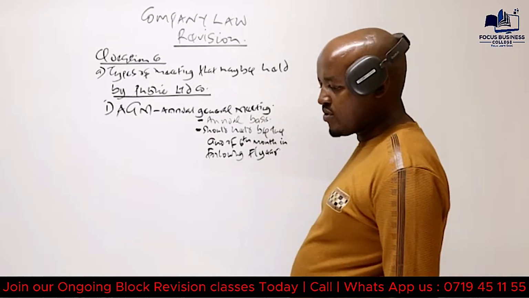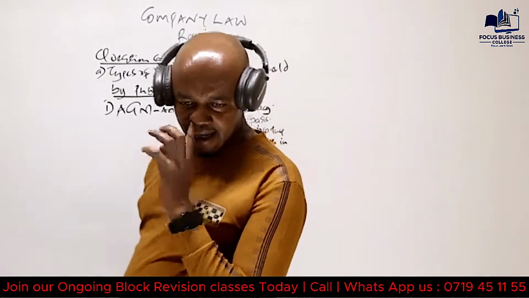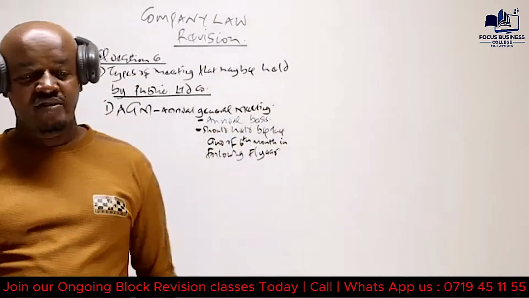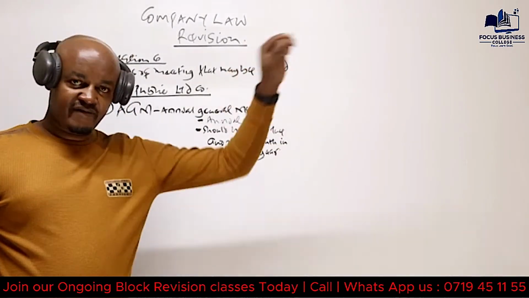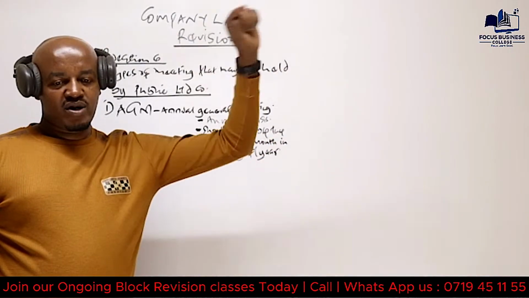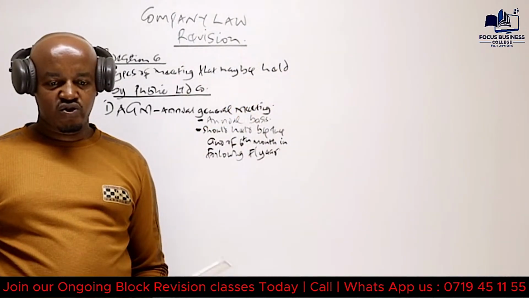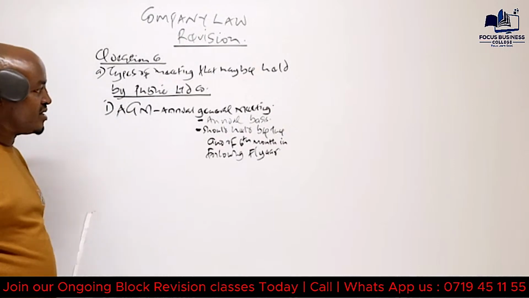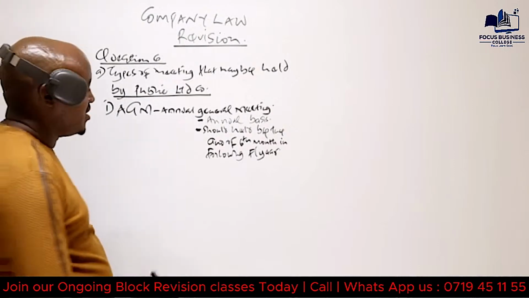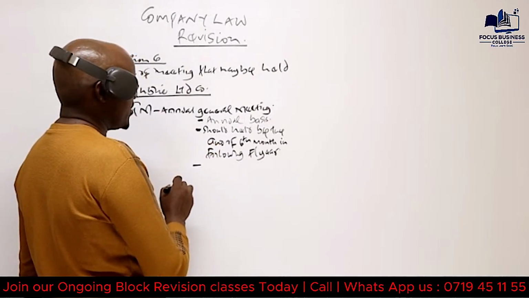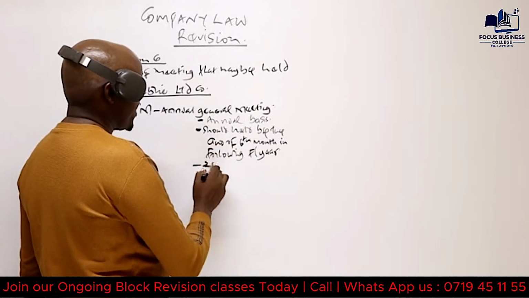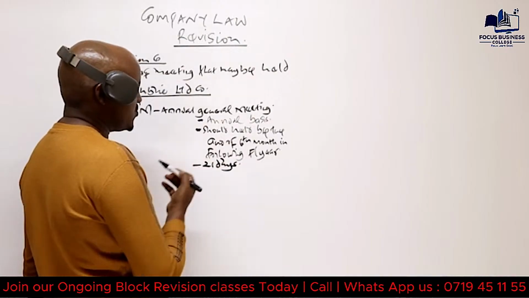Meaning that if a company is to hold an AGM for 2025, that meeting will be held the following financial year 2026, but before the end of June. We said the members must be served with 21 days notice.